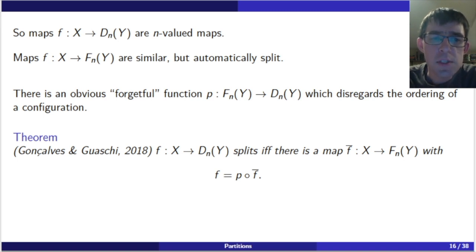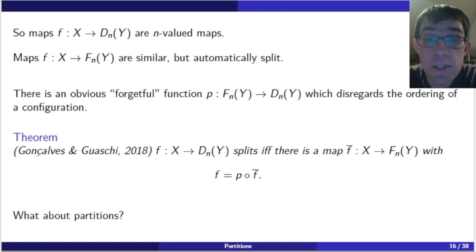An n-valued map f splits if and only if there is some other map f-bar into the ordered configuration space where the f that you started with is actually this forgetful function applied to f-bar. So the idea is f goes into the unordered configurations, f itself does, but somehow behind the scenes it actually comes from a function into the ordered configurations. That is equivalent to the function having a splitting.